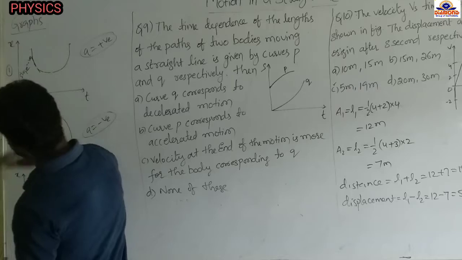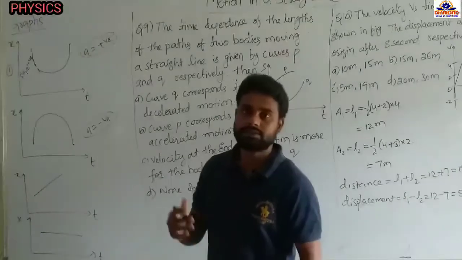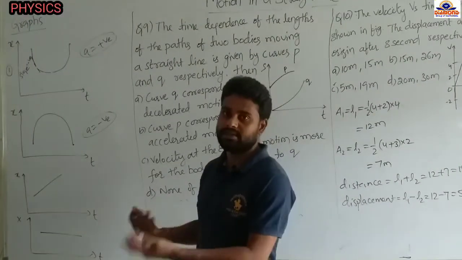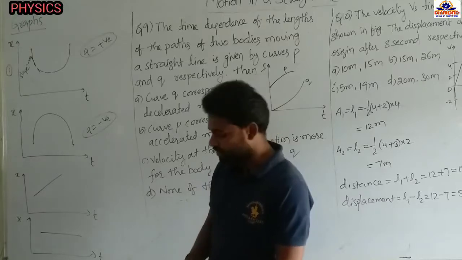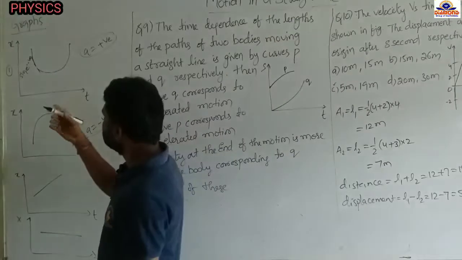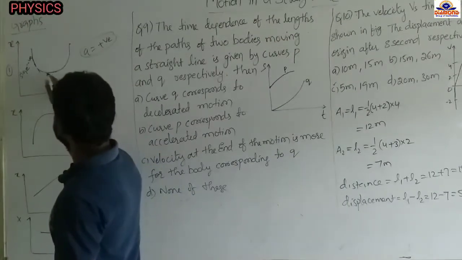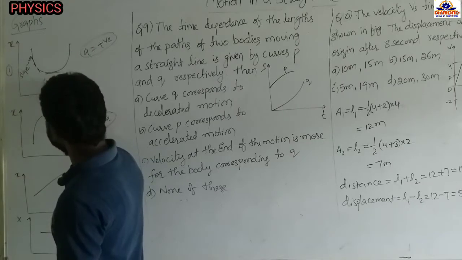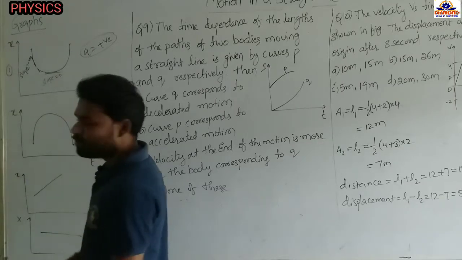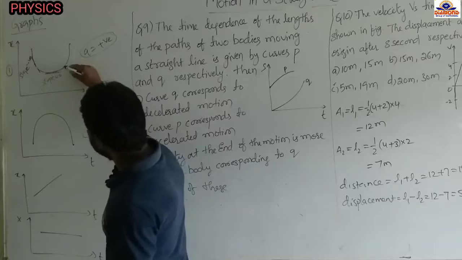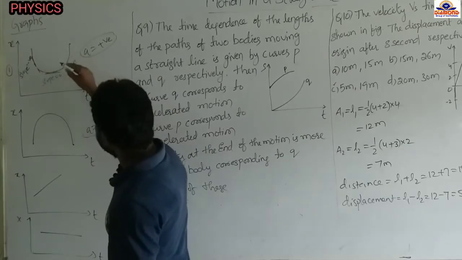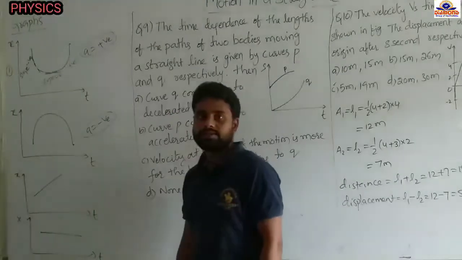Slope is negative means velocity is in the opposite direction to the acceleration. Velocity and acceleration are opposite, so velocity is decreasing. At this point the slope is 0, which means velocity will become 0, and next the slope is positive, which means velocity and acceleration are both in the same direction.